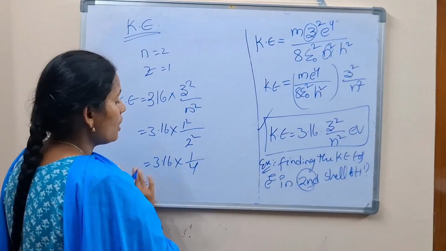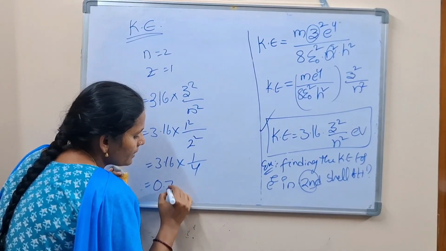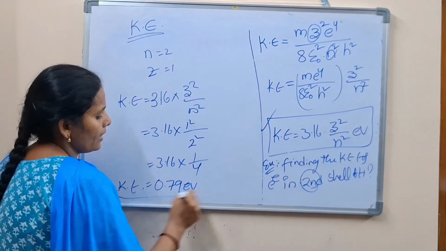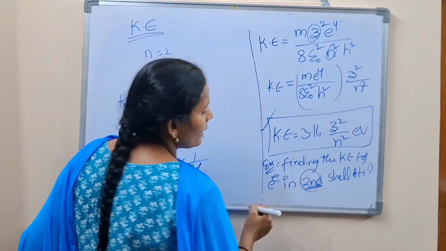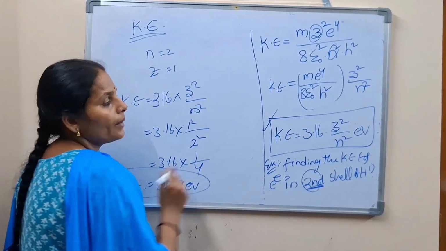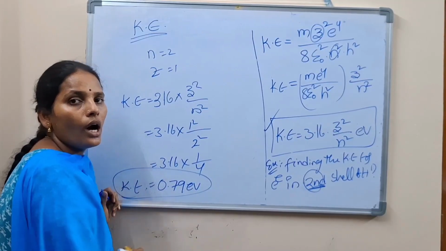From this we get 0.79 electron volts. What is the kinetic energy for the second shell here? 0.79 electron volts. By using this formula we find the kinetic energy of the electron in orbit.